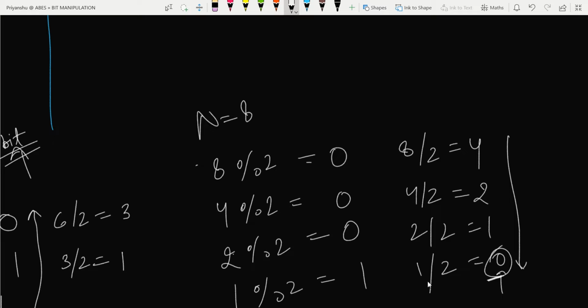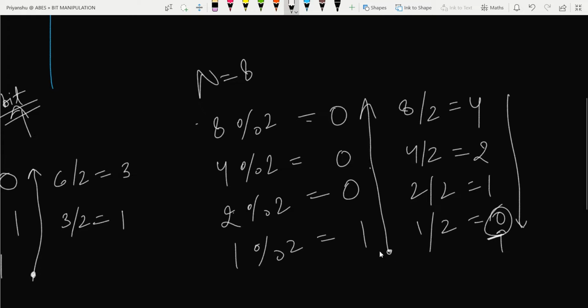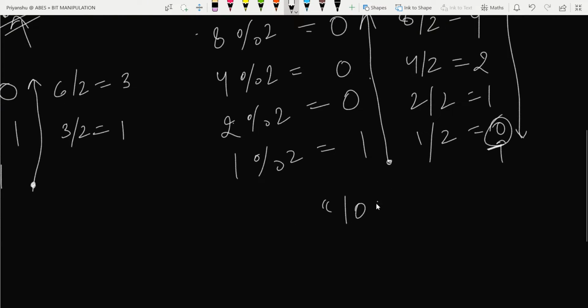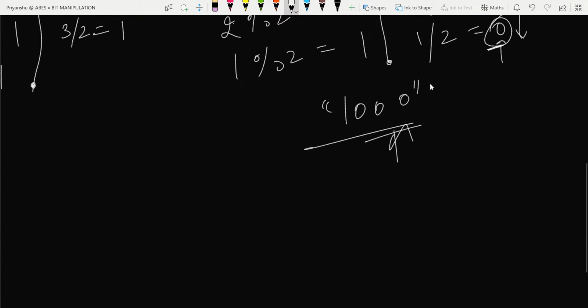As we can see, the binary representation we read from bottom to top, so it would be 1000, and this is the binary representation of 8. So we have found the process to find the binary representation of a given number.